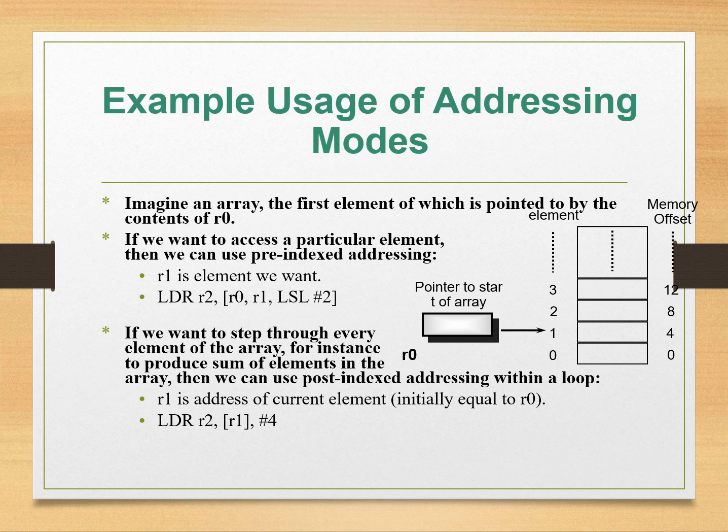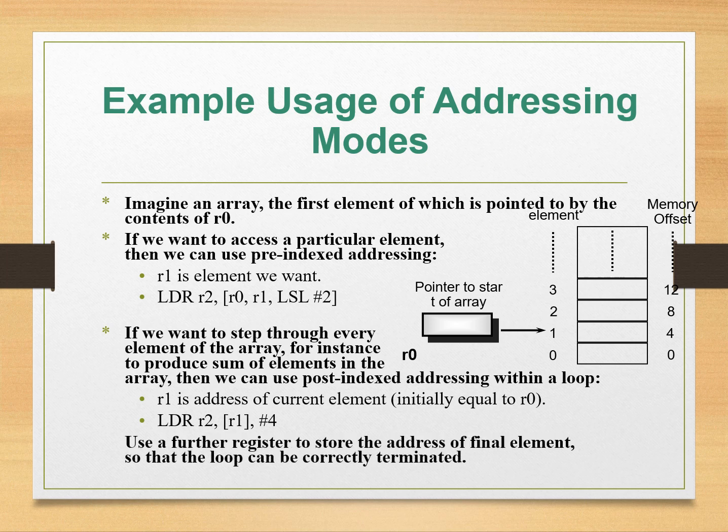You load first and then you update R1. Not multiply by 4, sorry, you add 4. Use a further register to store the address of the final element so the loop can be correctly implemented.